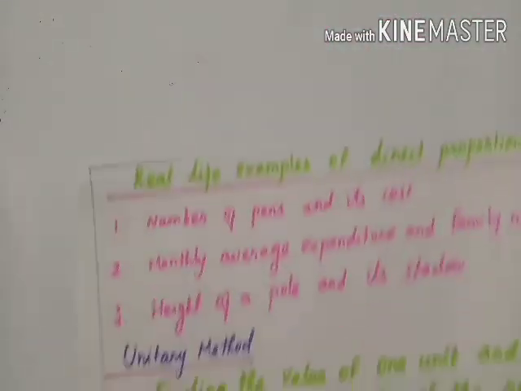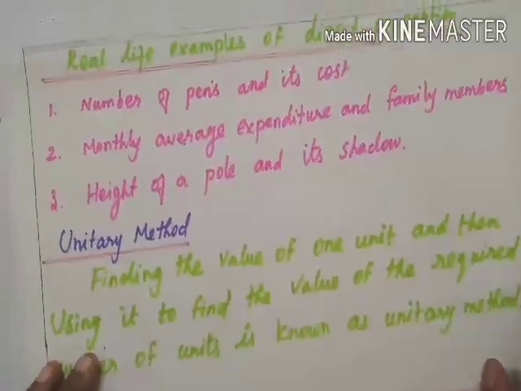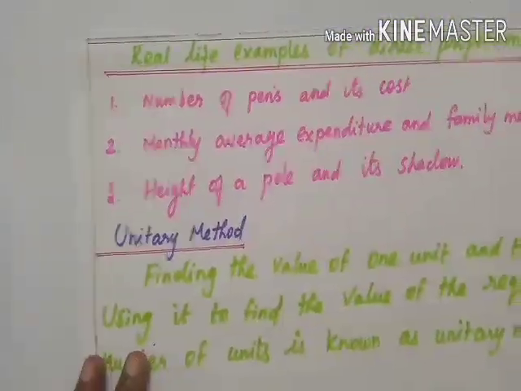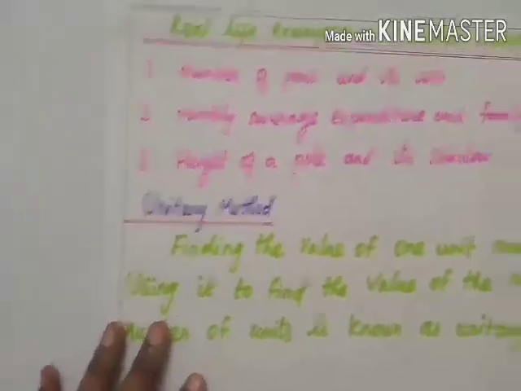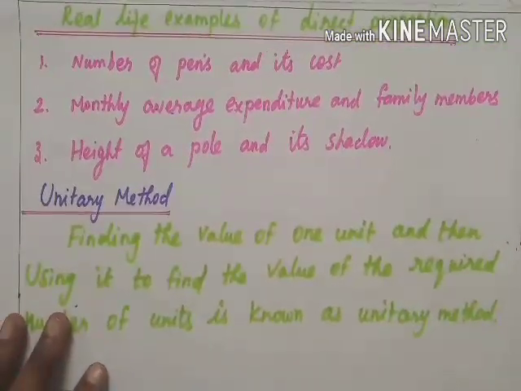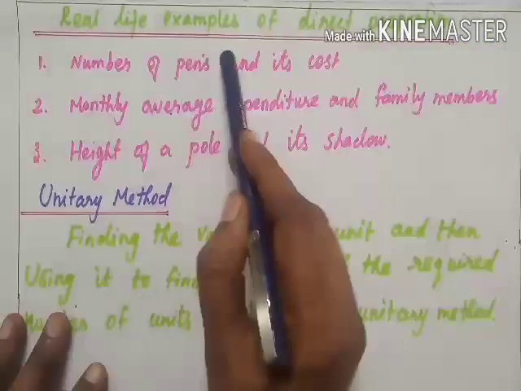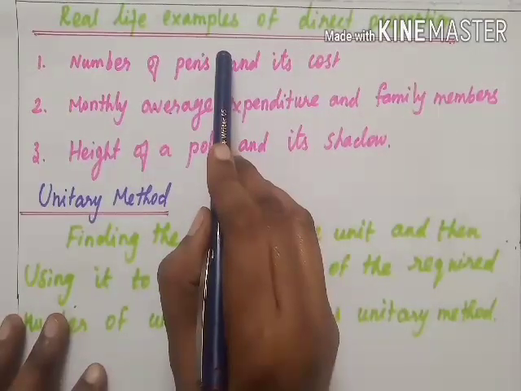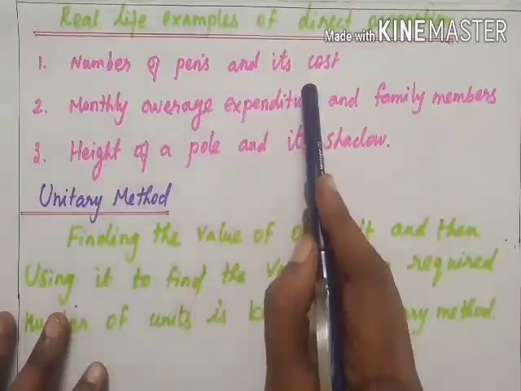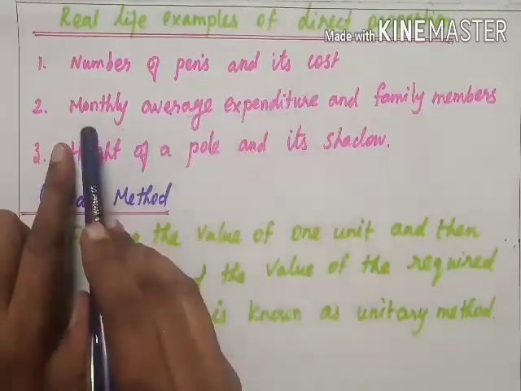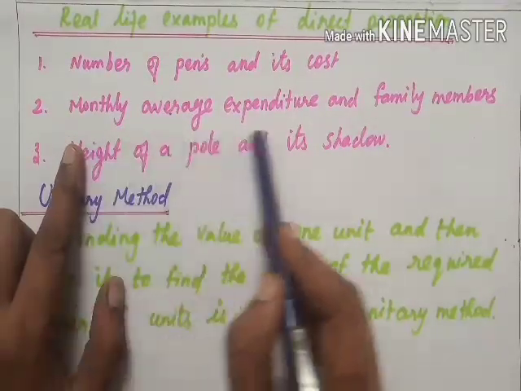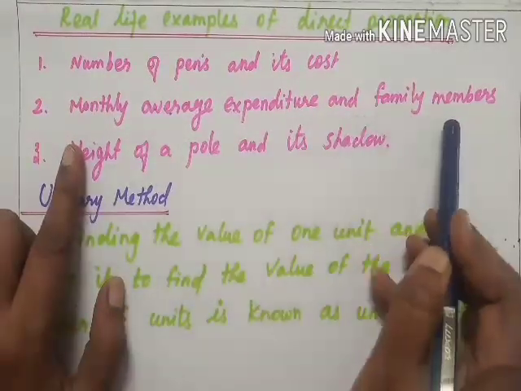Here we have some real life examples of direct proportion. First, number of pens and its cost, which I told you already. Second, monthly average expenditure and family members.